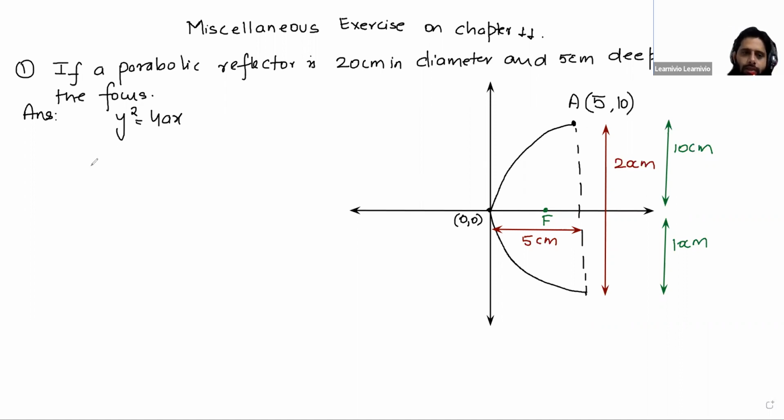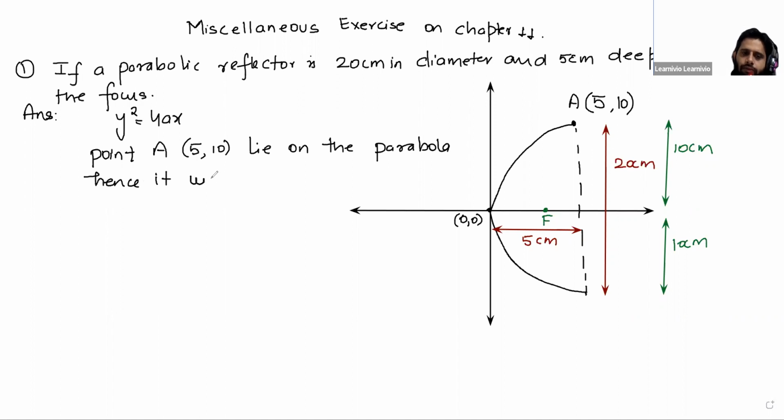So this point A, 5, 10 lie on the parabola, hence it will satisfy the equation. Let this be first. So this will satisfy the first equation.